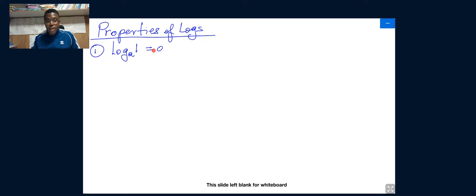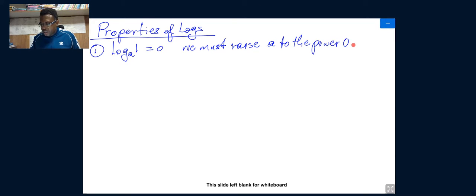Any variable or number raised to the power 0 is equal to 1. So we must raise a to the power 0 to get 1. That is how we are going to get 1.